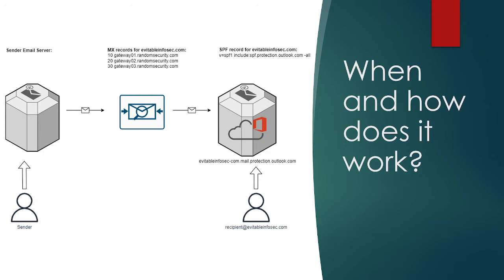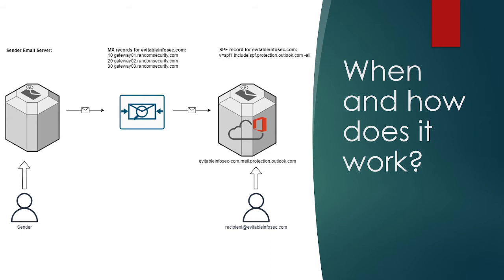How do we bypass this? What the sending email server didn't check is the recipient's SPF DNS record. It doesn't need to check that in order to deliver the email. The SPF record states from where legitimate emails from the evitableinfosec.com domain originate. It allows other organizations to validate that emails they receive from evitableinfosec.com are not spoofed.